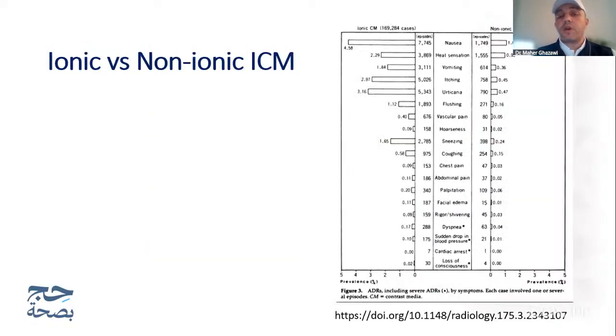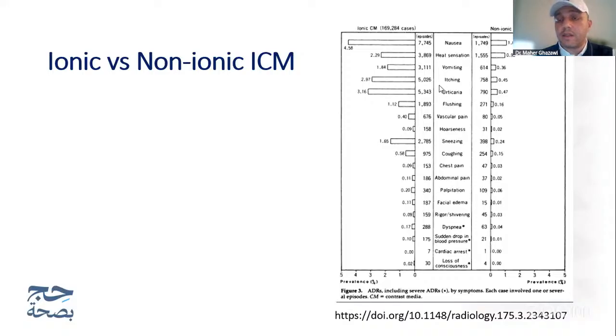So before going to the complications and the preparations needed to avoid complications, I want to show you the difference between the ionic and non-ionic IV contrast media. Previously, the contrast media was ionic. Nowadays, our contrasts are all non-ionic.